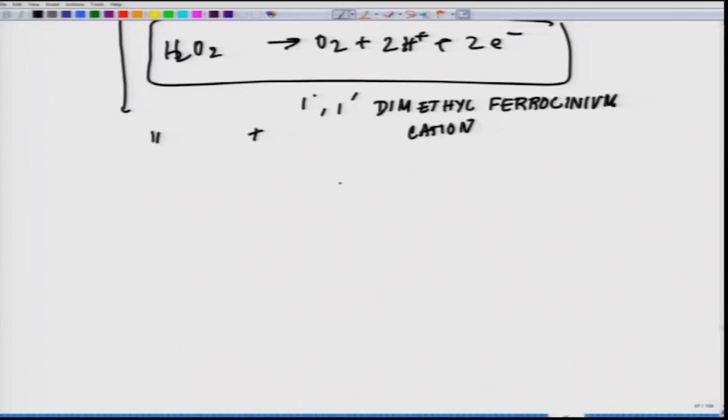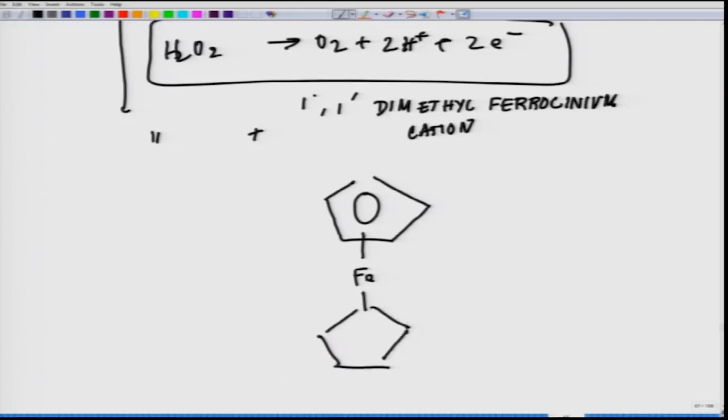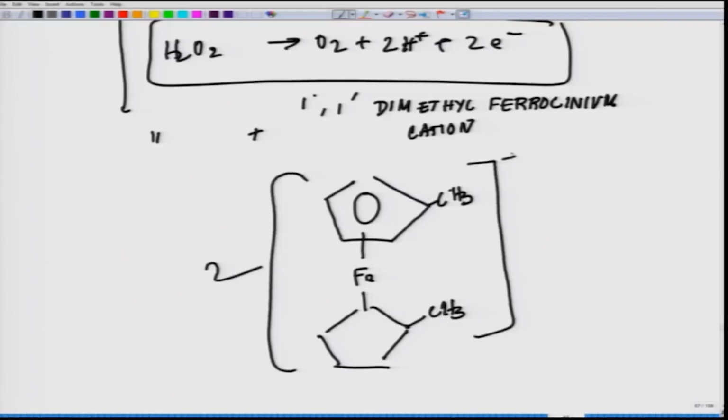As you can see, this is ferrocenium, with iron present there, and CH3, CH3 groups. Now, in the presence of glucose oxidase, this particular compound becomes dimethylferrocene with CH3, CH3 and Fe.